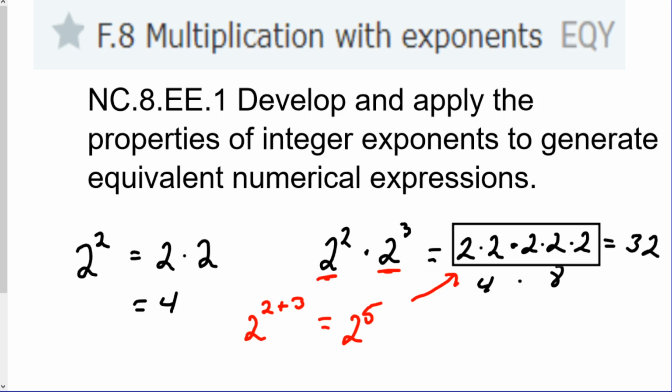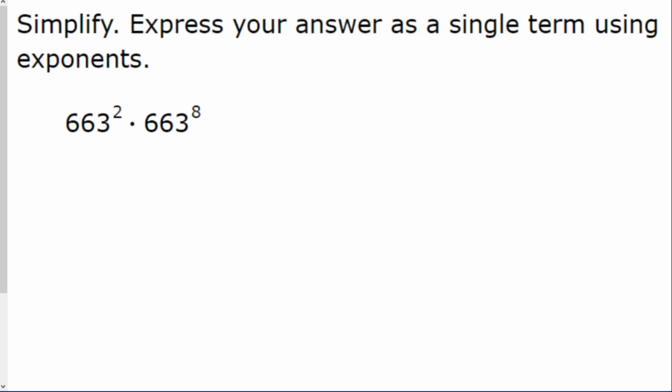Now for this problem, it really doesn't save you a lot of work, but for some problems later on in your math education, this will come in extremely handy. So we try to learn about exponents early so that we can use them pretty much in everything we do from here on out. So let's look at one where it would be very difficult to do any other way.